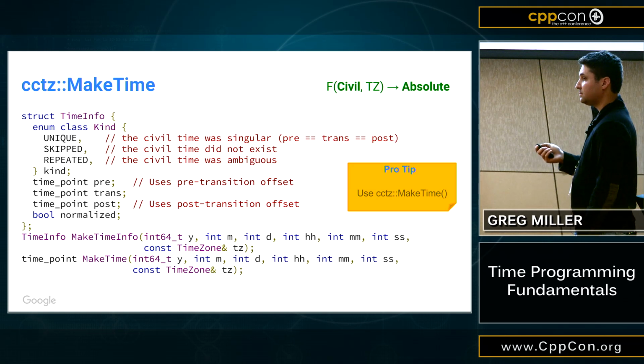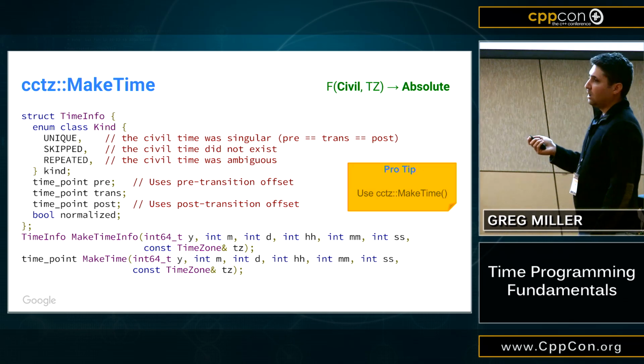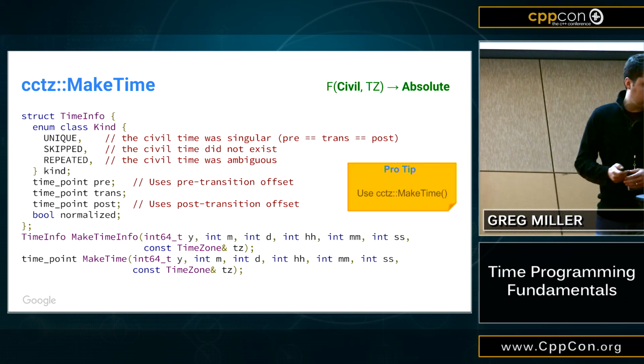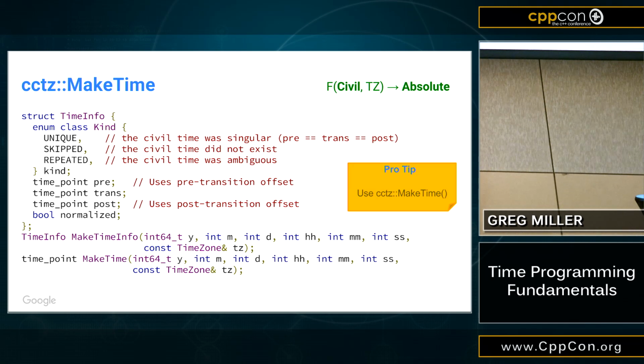Yes? Explain the use of it. Why would you use int64 for years, around 1 billion times the size of the universe? The question is why use int64 for years?